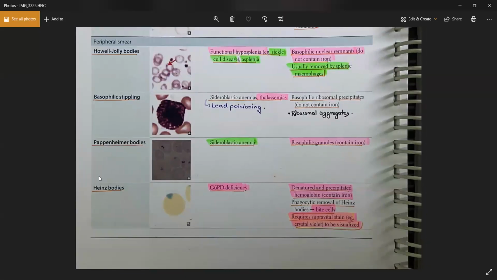Then the Heinz bodies, which you already know about, are oxidized hemoglobin. So only a few exceptions: the Heinz bodies, Pappenheimer bodies, and Howell Jolly bodies. These contain the oxidized hemoglobin, the iron, and the DNA. For the rest, whenever you hear about a basophilic thing in the RBCs or any other cell, they're talking about ribosomal RNA. Is that okay?